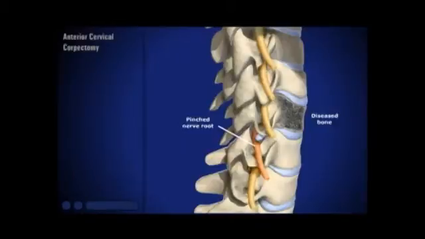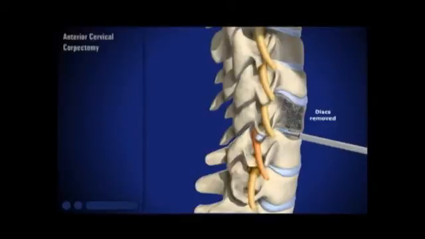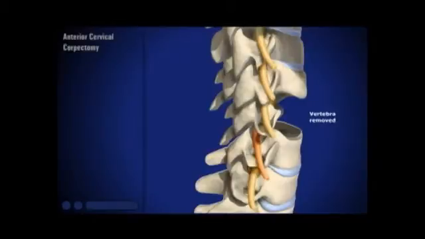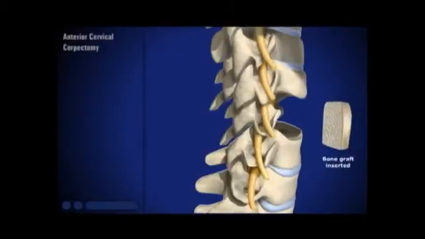We would still remove the vertebral discs above and below to show where the disc and bone interface occurs and be able to locate where to stop the removal of the vertebral body. It would show where to stop the dissection of the bone that is involved. And after the disc is removed and the bone is removed as well, the bone graft is implanted and a plate is applied as seen before.